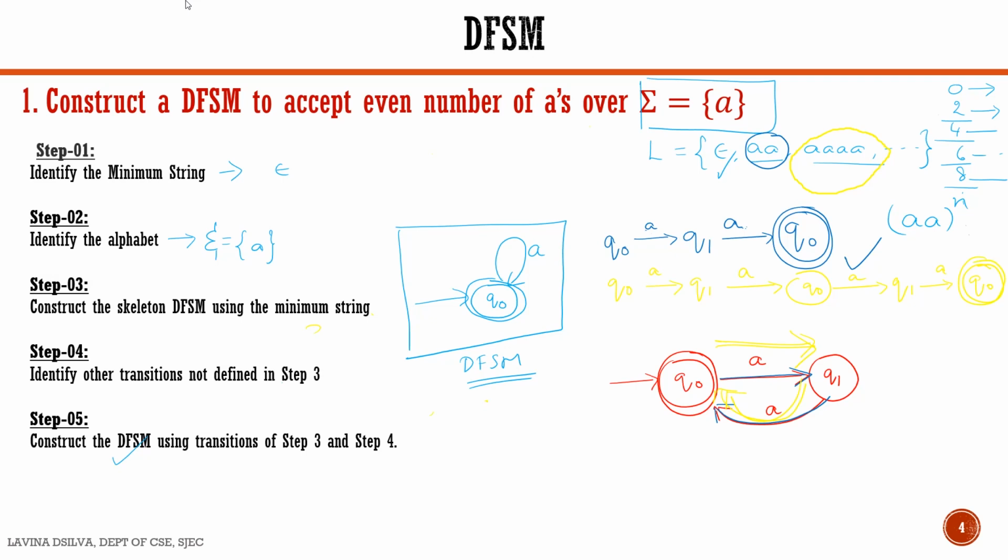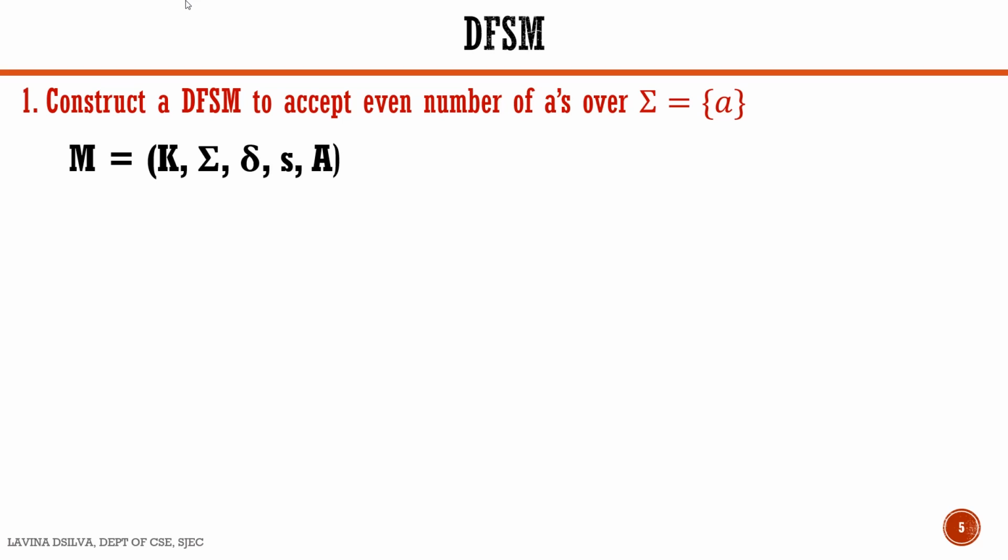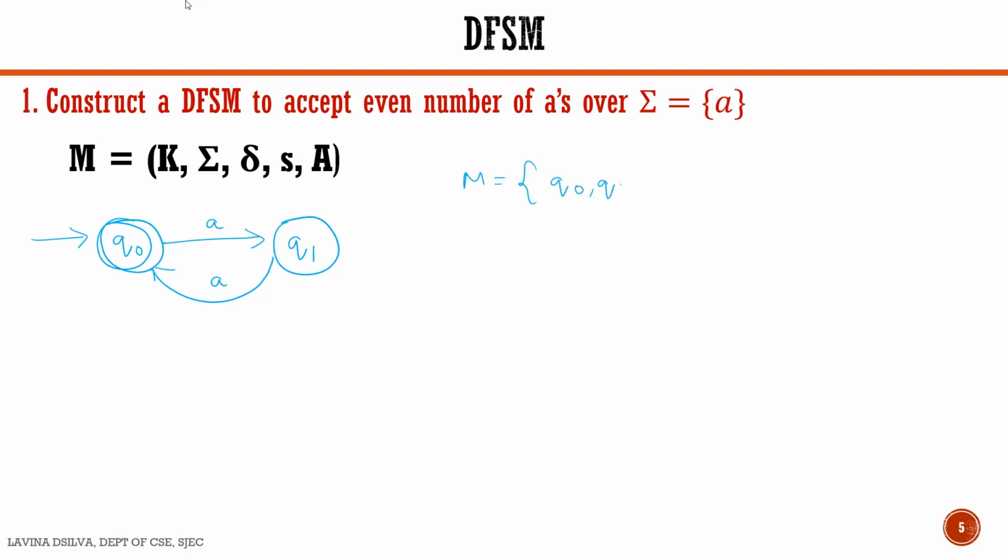Therefore, the DFSM to accept even number of A's over sigma equal to A is given as M equals K, sigma, delta, S, A. Here K is Q0, Q1.